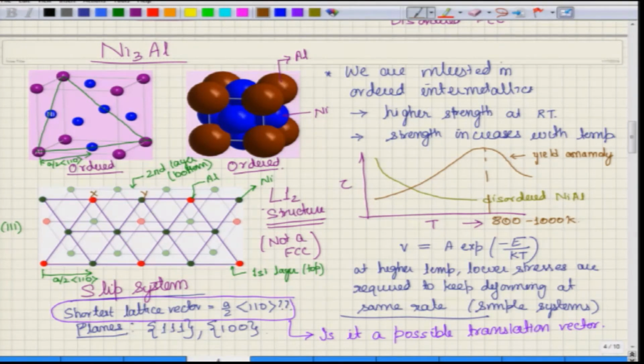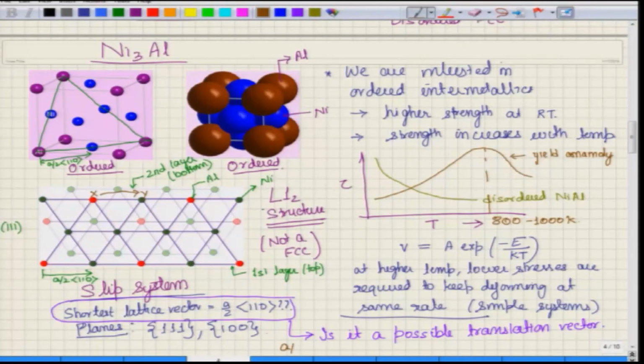But now, if you shift it from here to here, what will happen? Now, its nearest neighbor has changed, two of it is still nickel, but the third one is no more nickel, it is aluminum. So, the sites are still the appropriate sites, it is not going in the wrong site, but the nearest neighbor has changed.